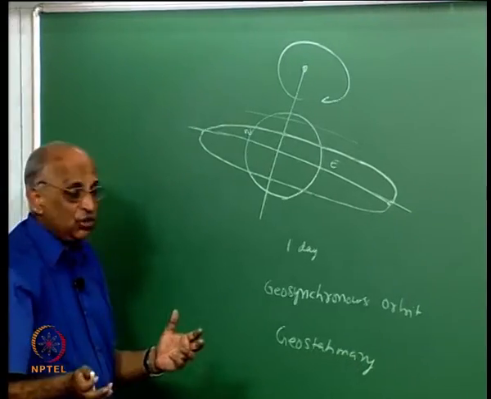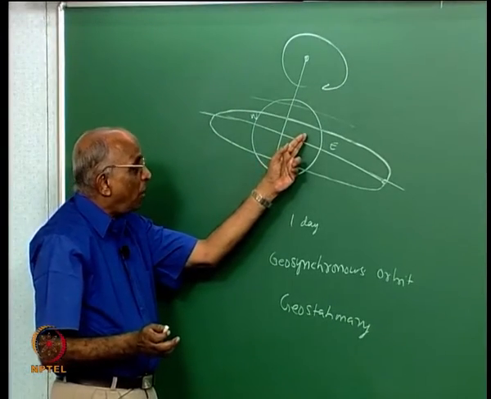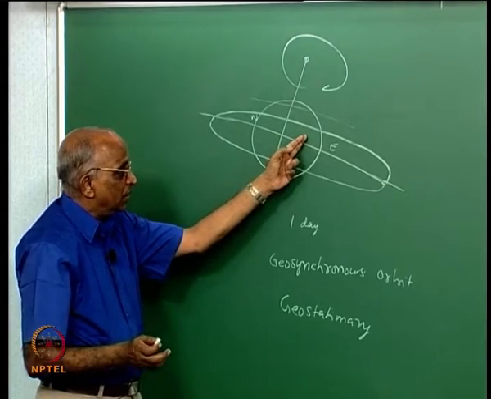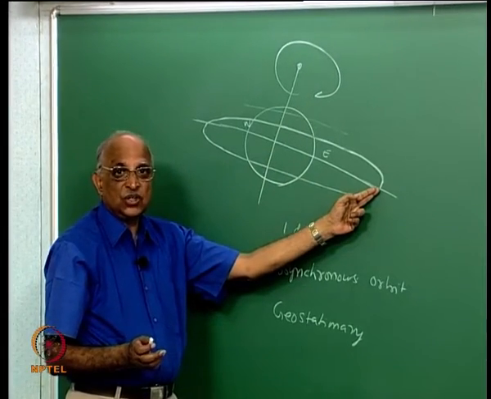We call it geostationary because for all points on the surface of the earth the satellite appears stationary.